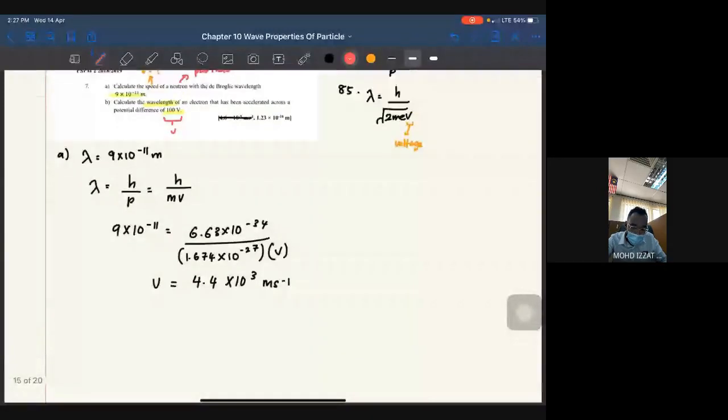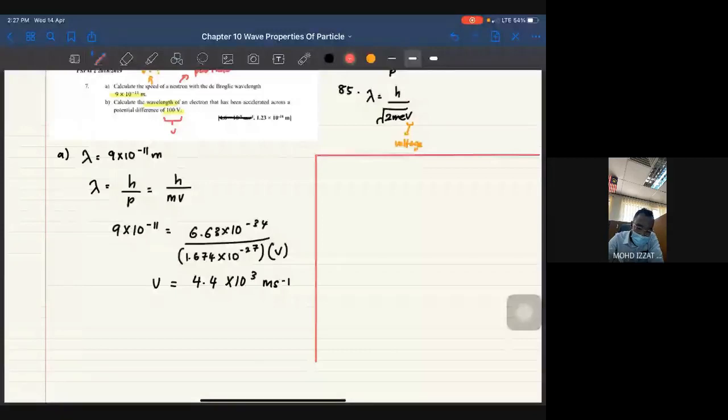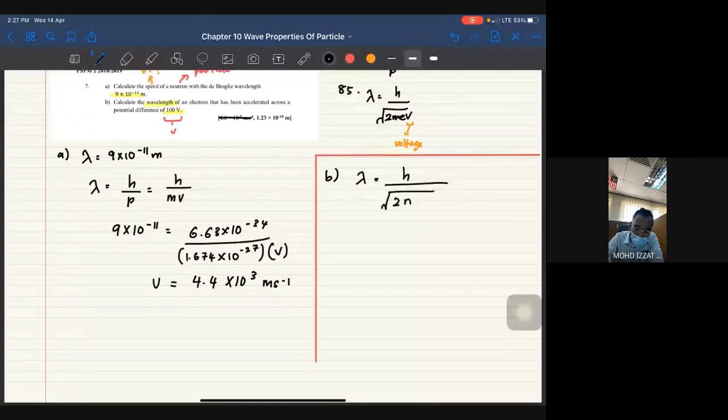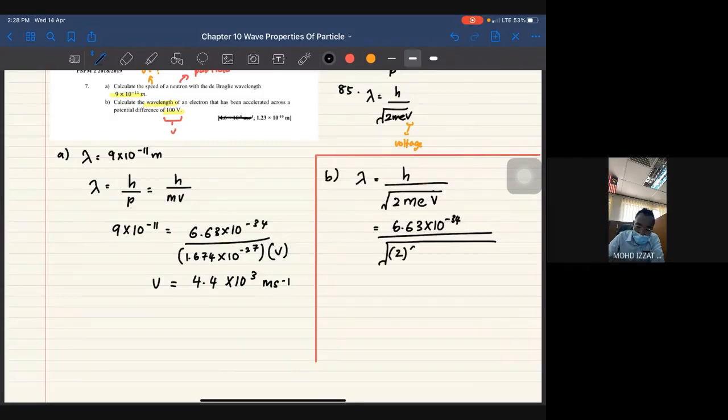Okay. Do it over here instead. So you're using lambda equals h over square root of 2 m e V. Since we are talking about electron, the mass would be the mass of electron, which is 9.11 times 10 negative 31.